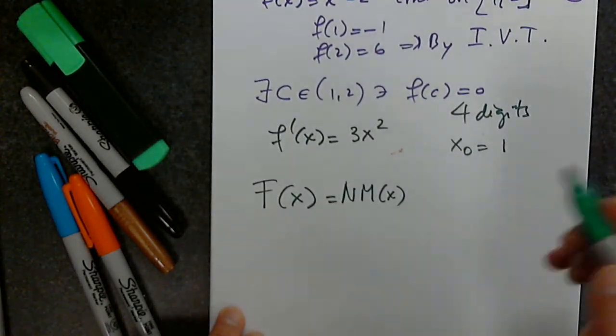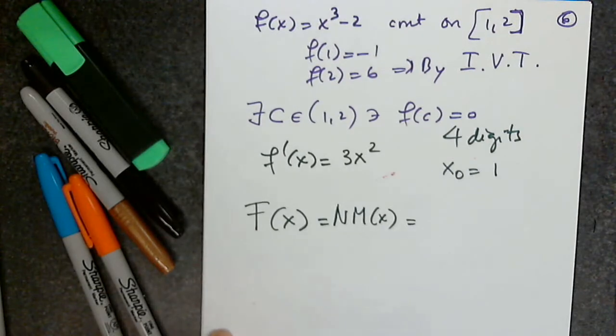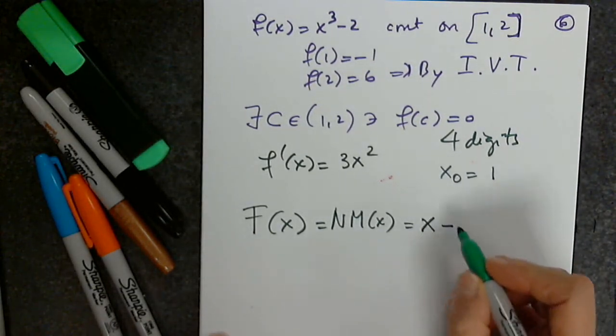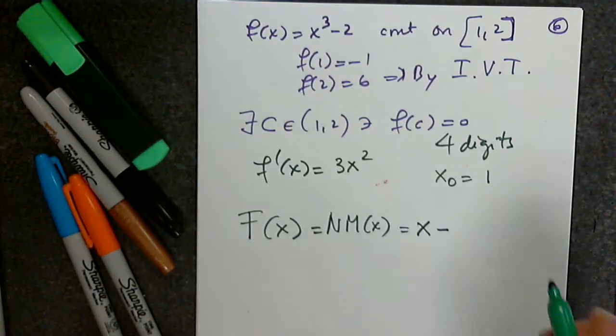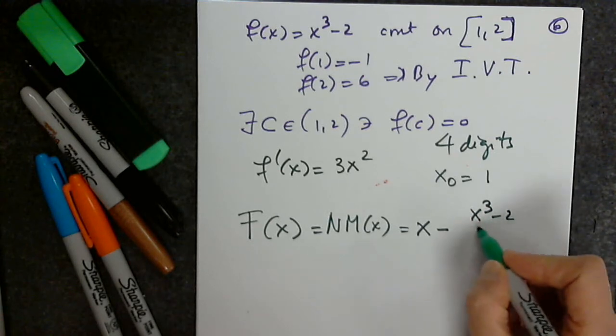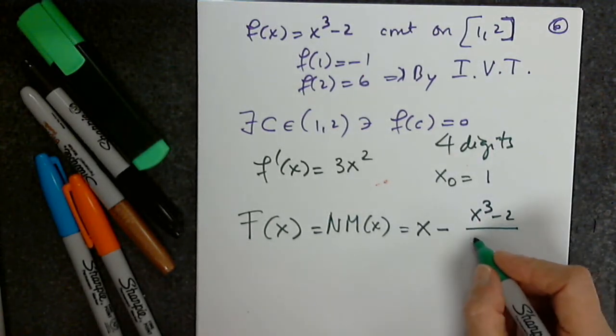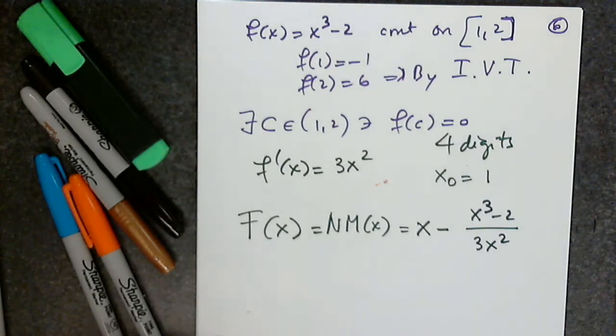Then you will say x minus f of x over f prime of x. You put this function, your Newton's method function, in the graphing calculator.